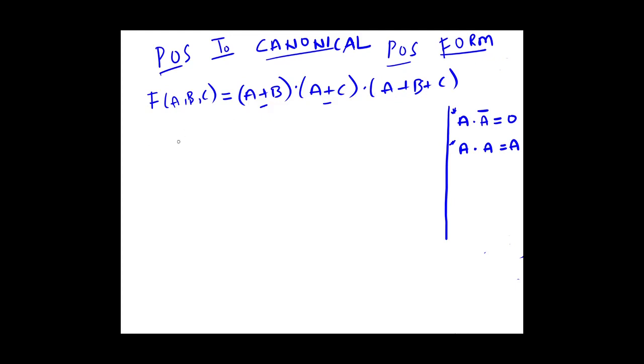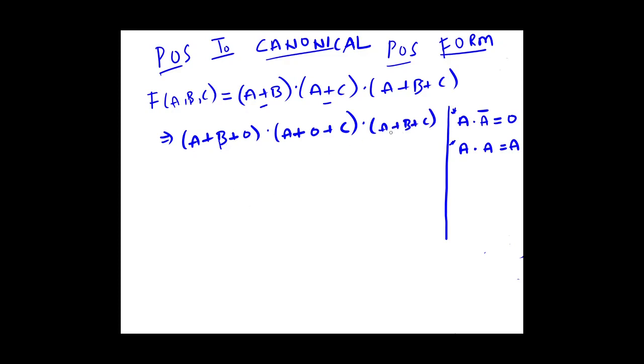So this is equal to A plus B plus 0. A plus B plus 0 is equal to A plus B itself. In this you have A plus C, and if B is missing, in place of B I'll take 0: A plus 0 plus C, which is nothing but A plus C. Next, there is nothing to add here. This is A plus B plus C as it is.